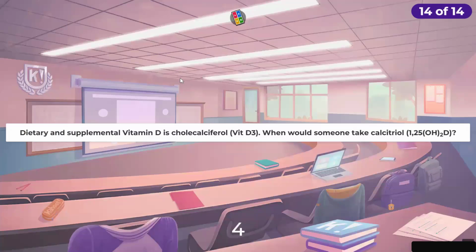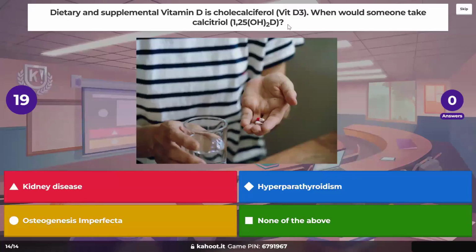All right, dietary and supplemental vitamin D is cholecalciferol, vitamin D3. That was before the hydroxylations. So when would someone take calcitriol, 1,25-OH2 D? I don't know how long that medication's been around.